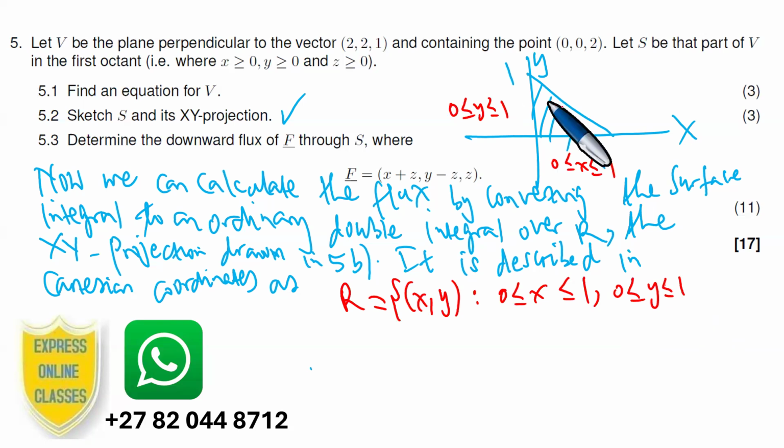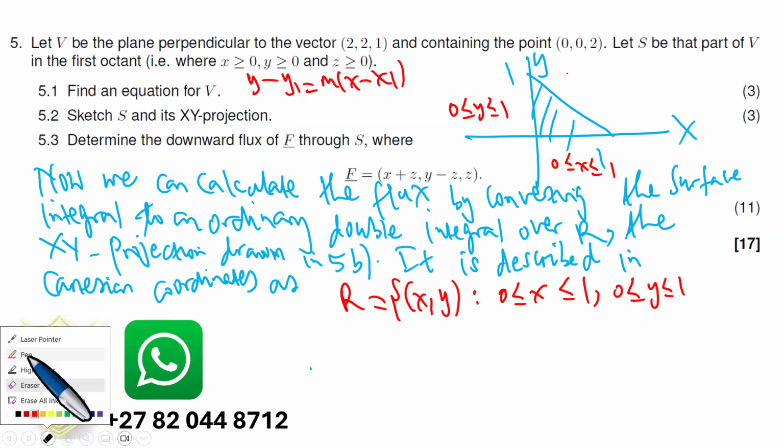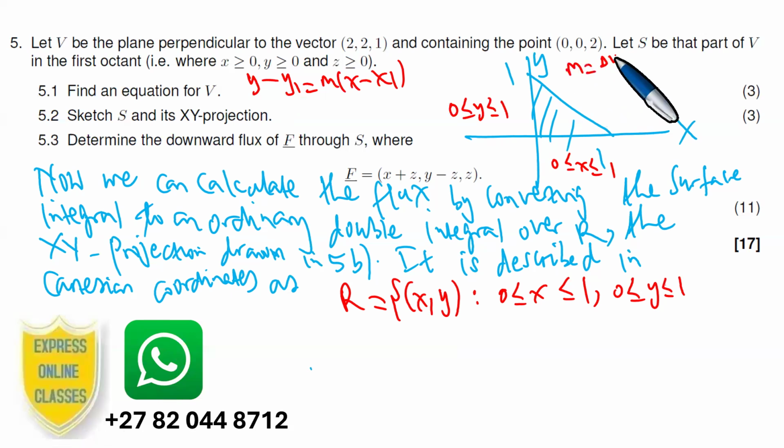But we can find the equation of this. How to find the equation of a line? You use y minus y1 equals m into, in brackets, x minus x1. So now what you do is you find the gradient of this. The gradient of a line is change in y over change in x.